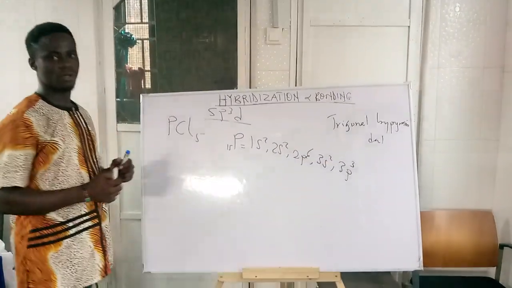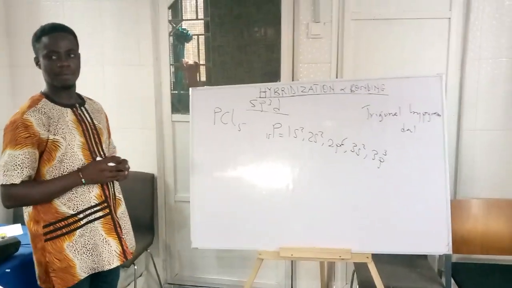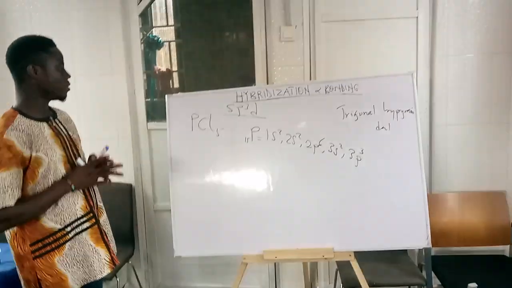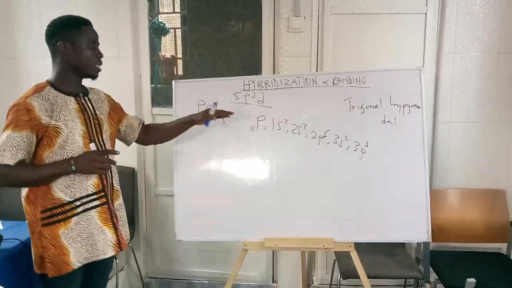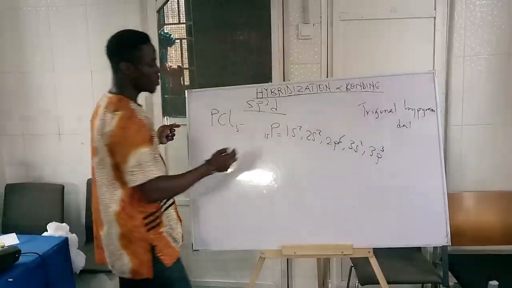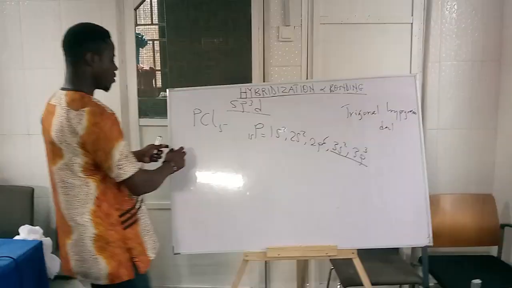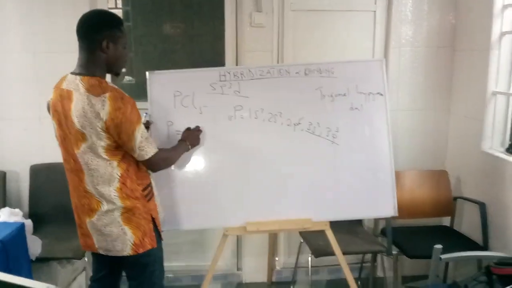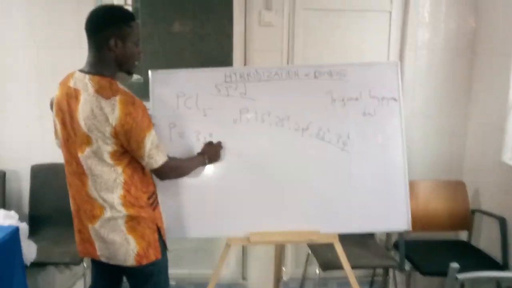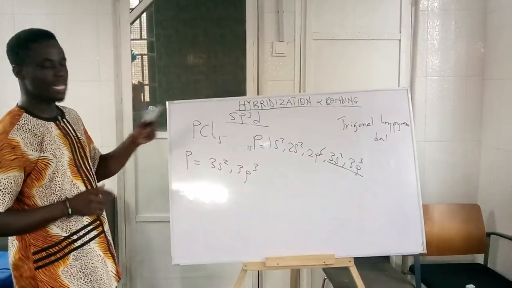So that is the electronic configuration for phosphorus. We've said in chemical bonding that we only concentrate on the valence electrons and not the core electrons. So it is only these that undergo bonding. For phosphorus, we are only interested in 3s2 and 3p3. This is the ground state electronic configuration.